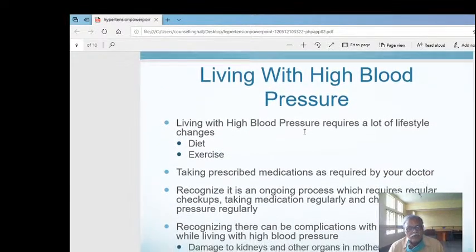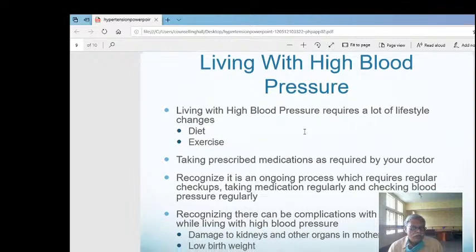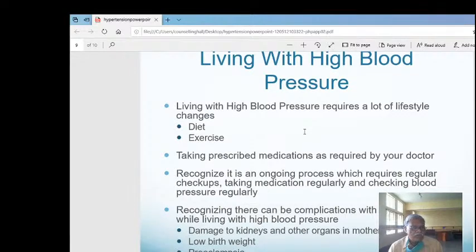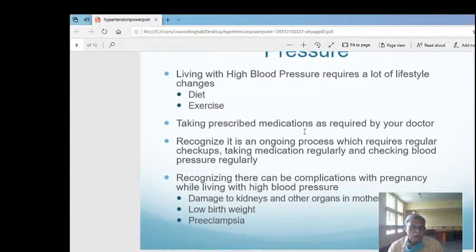Living with high blood pressure requires a lot of lifestyle change, diet as I told you, exercise, taking prescribed medications as required by your doctor, and the compliance of the patient, adherence of the patient to the drugs that are prescribed by the doctor.